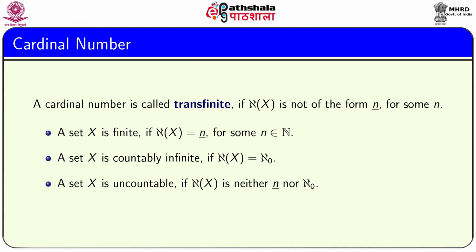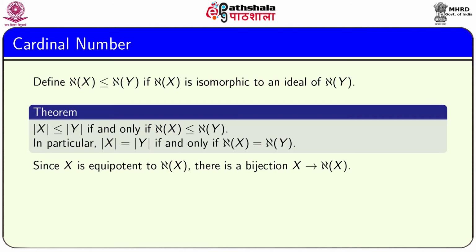A set is uncountable if the cardinal number of X is neither n nor aleph naught. Let us define a relation less than or equal to for the cardinal numbers. Aleph X is less than or equal to aleph Y if aleph X is isomorphic to an ideal of aleph Y.